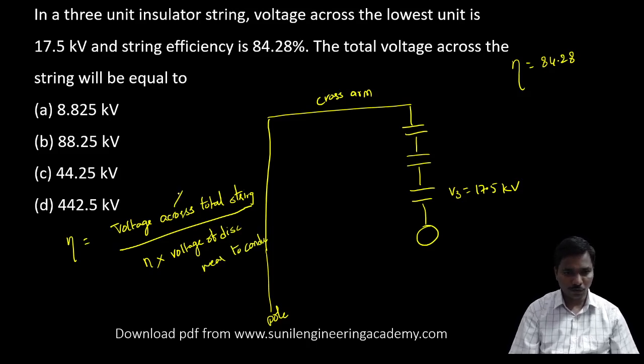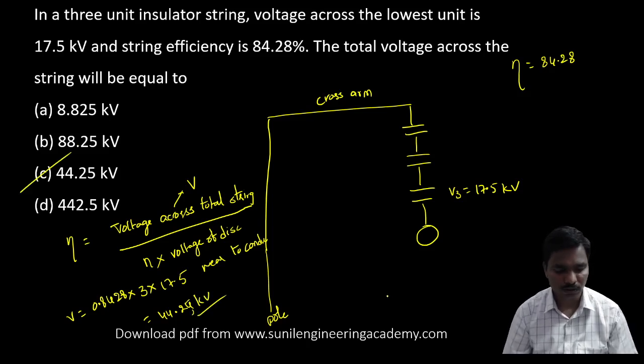If you want the total voltage V, string efficiency 0.8428 into number of discs 3, into voltage of the disc near to the conductor 17.5. If you calculate this, we will get 44.24 or 25 kilovolt. So the answer is option C.